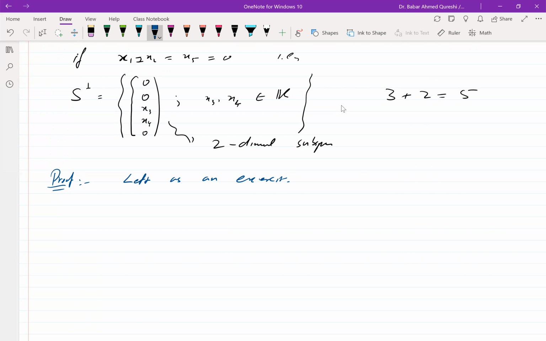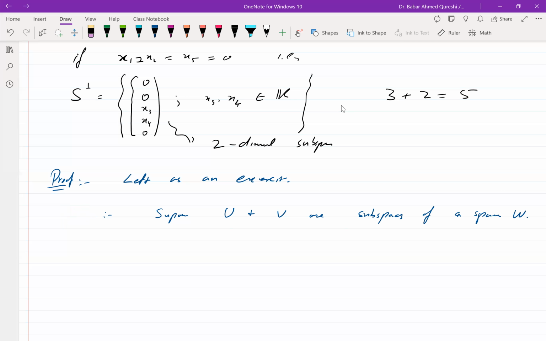And let's define another concept. So suppose U and V are subspaces of a space W. No, this is not a definition, this is another theorem.